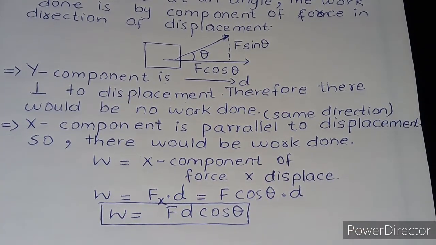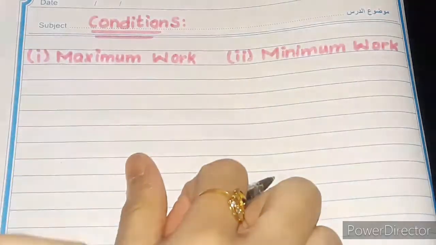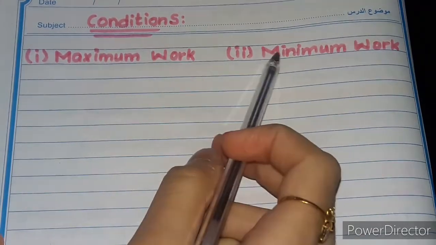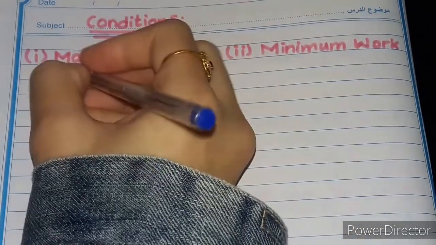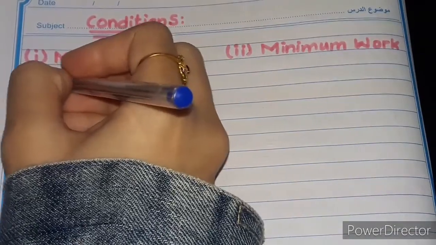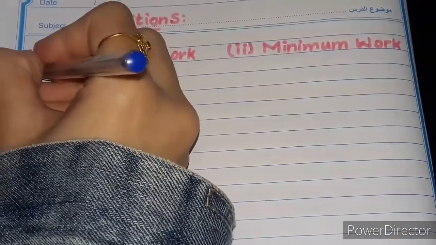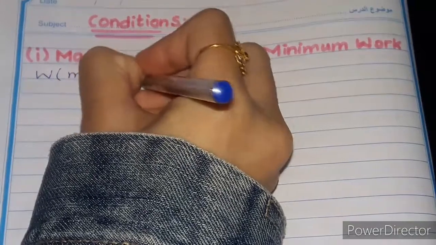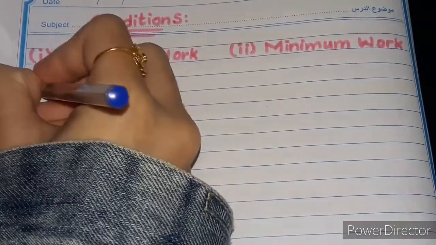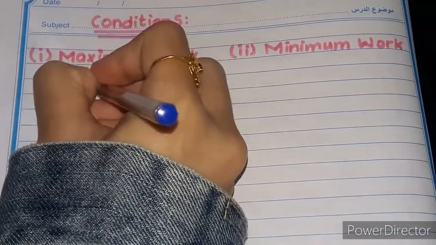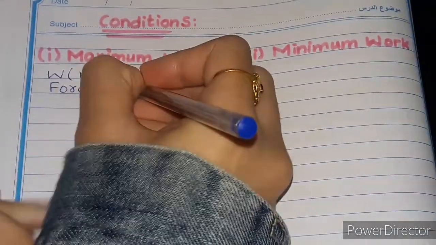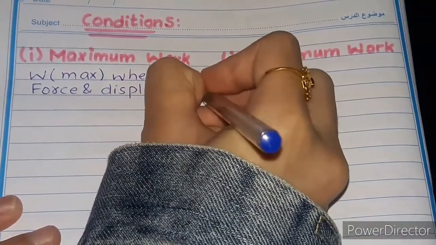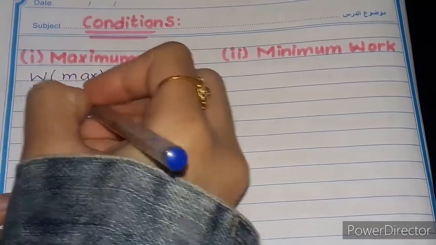Now we will study the conditions of work done. First condition is maximum work done and second is minimum work done. Work done is maximum when displacement and force are in the same direction, or parallel to each other.